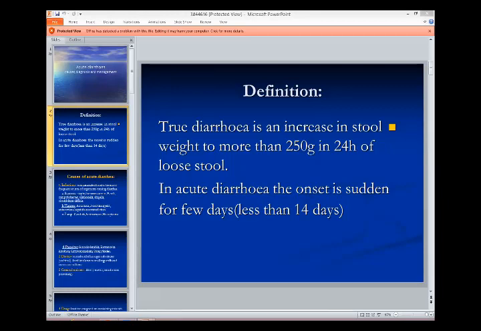Contaminated food. The causes of severe diarrhea are bacteria, which can be Shigella, Salmonella, and viruses. So management is, if there's diarrhea with no systemic signs or symptoms, stool cultures are not needed.